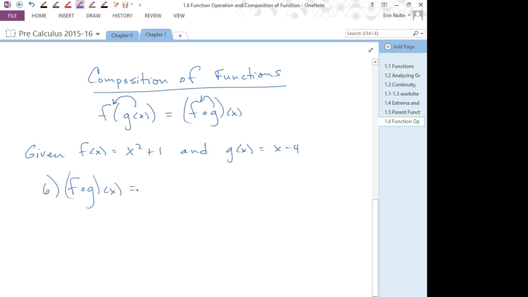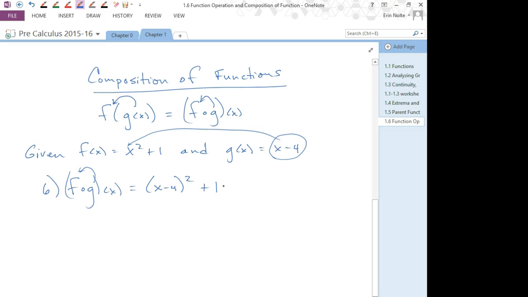Well, you do that really fast. Which one goes into the other one? The g goes into the f. So I'm going to take the g and plug it into the x of that, so it would be x minus 4 squared plus 1.